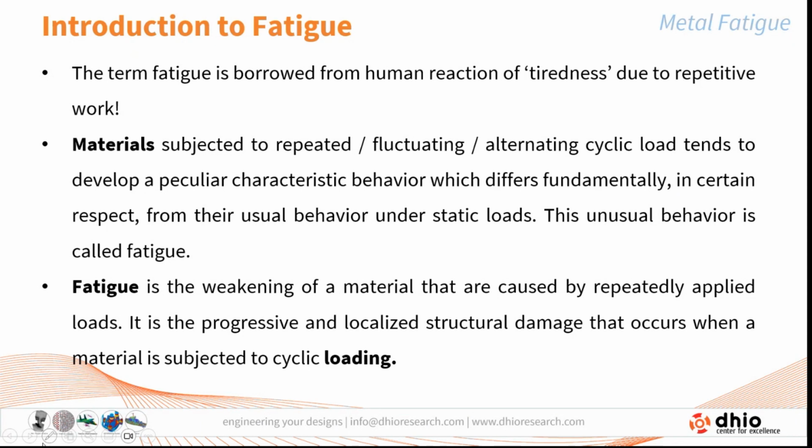This cyclic loading, having the same magnitude but reverse sign, is called alternating cyclic load. All calculations and empirical relations are derived based on this alternating cyclic load. That means it is subjected to the same magnitude but of different sense in one cycle.